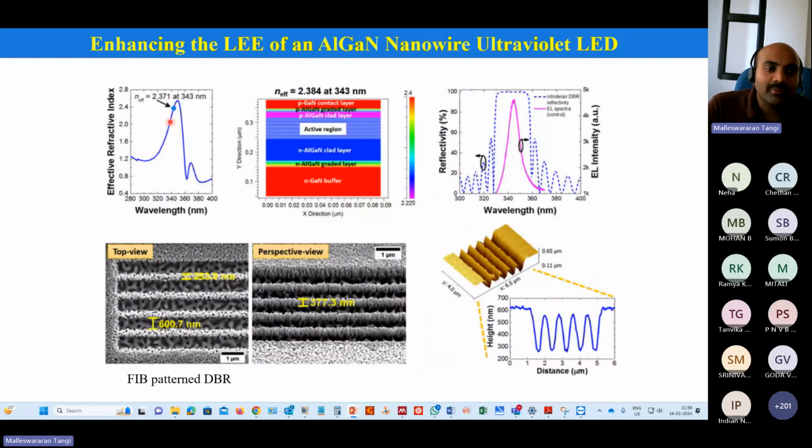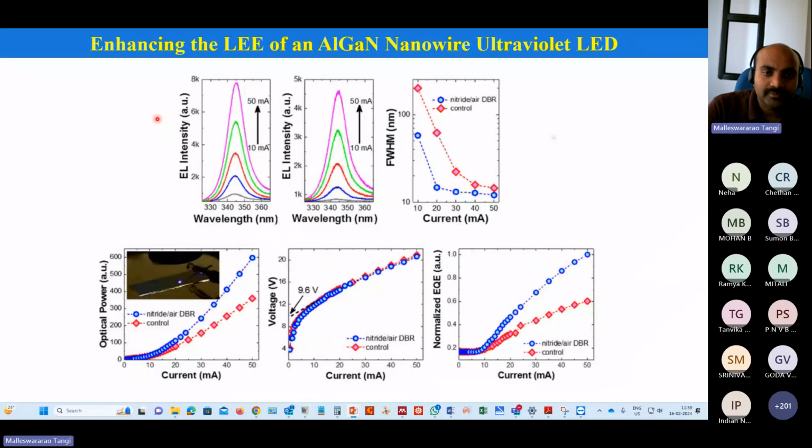For aluminum gallium nitride, we did ellipsometry to get a good idea about the refractive index. As you can see here, the blue one is the nitride with DBR, and the red one is the control, without DBR.